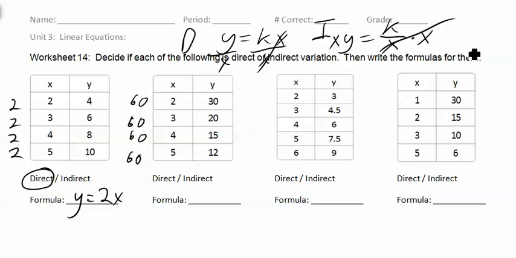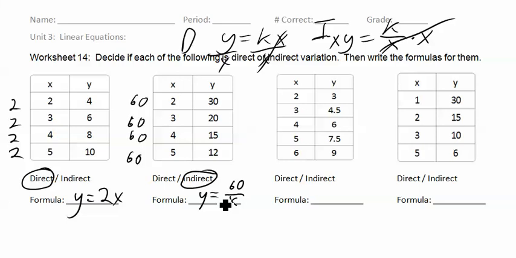So this is indirect, and k is 60. So our formula is y equals 60 divided by x.